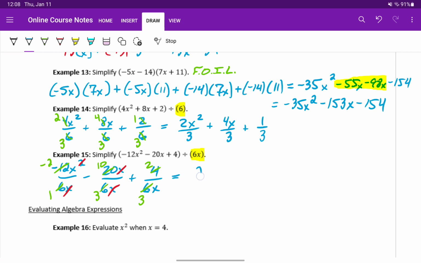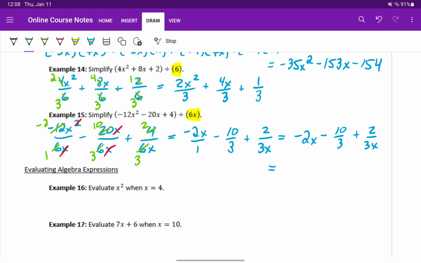So this will leave us with negative 2x over 1, minus 10 over 3, plus 2 over 3x, which we could write a little bit more simply as just negative 2x minus 10 over 3 plus 2 over 3x.